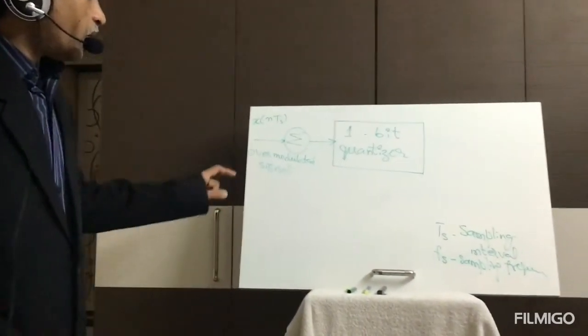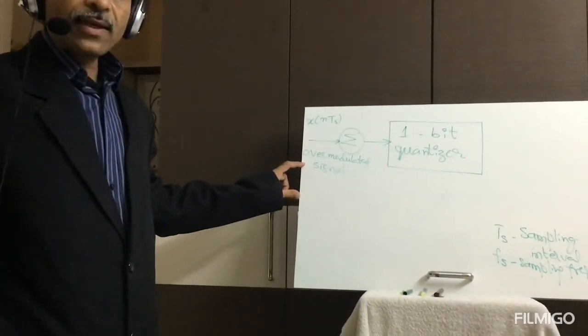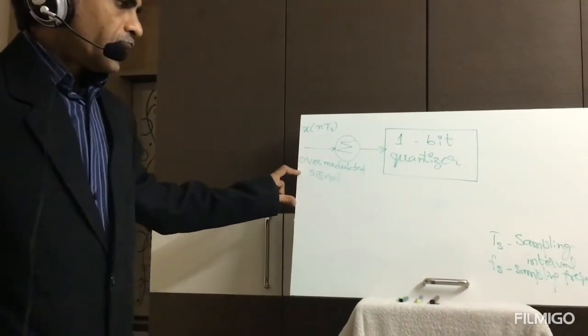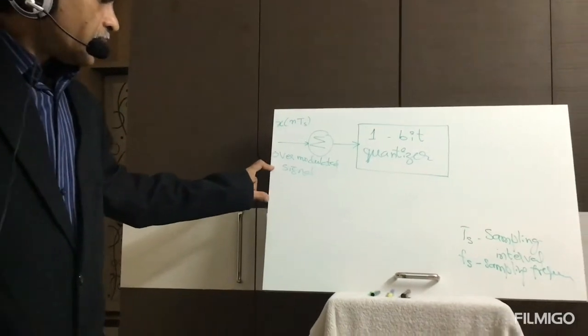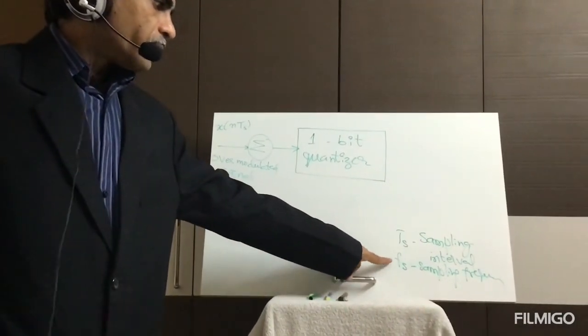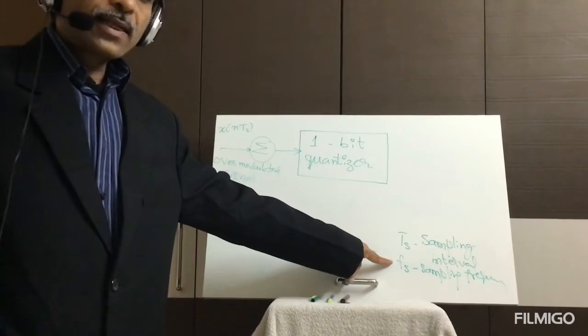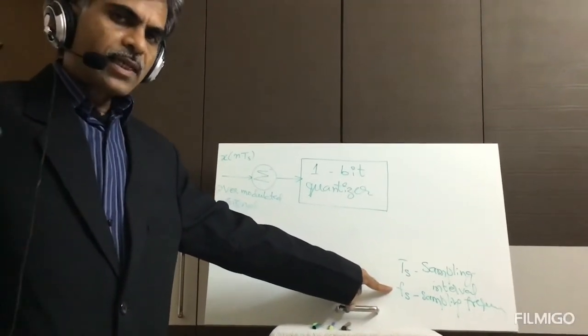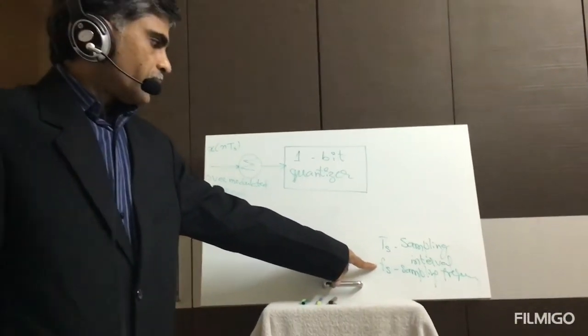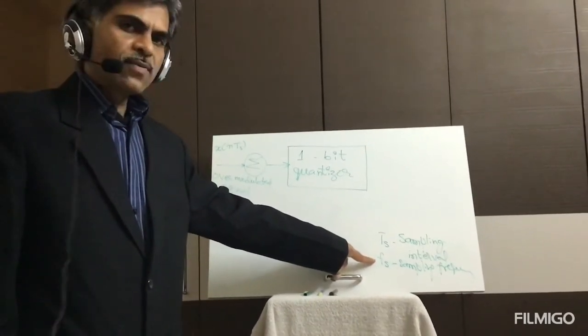So once you over modulate the given analog signal here, the rate of sampling the signal, that is Fs, is much greater than the frequency of the analog signal.